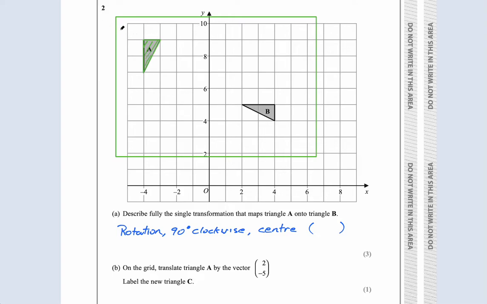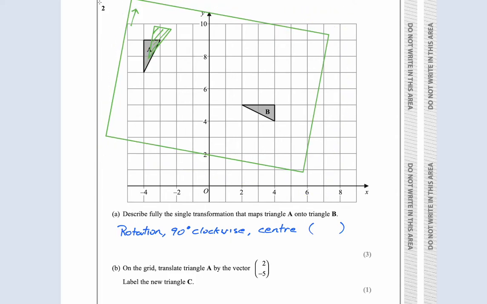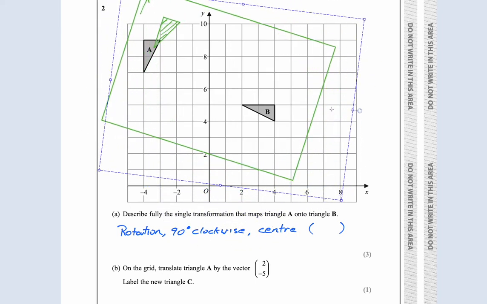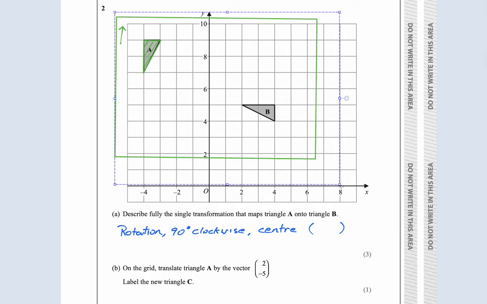What I also like to do is I put an arrow up like this, and then I rotate the tracing paper clockwise. Now what you need to do, what I can't do, is decide where's the center. So the center is essentially you're going to put your pen into one of these points.